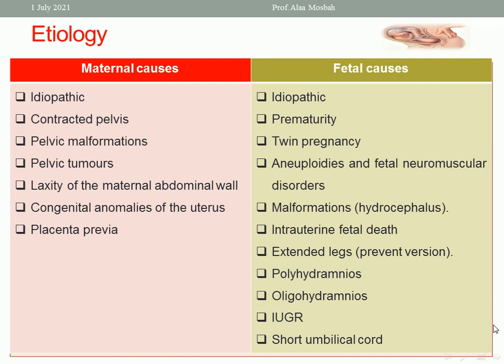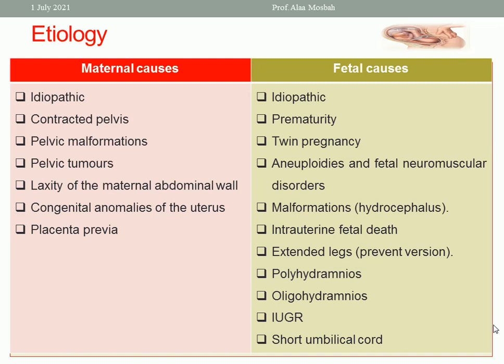While the fetal causes include prematurity, which is the commonest etiology, twin pregnancy, aneuploidies, and the fetal neuromuscular disorders, because the tone of the muscles of the fetus is weak, so the fetus can't turn.